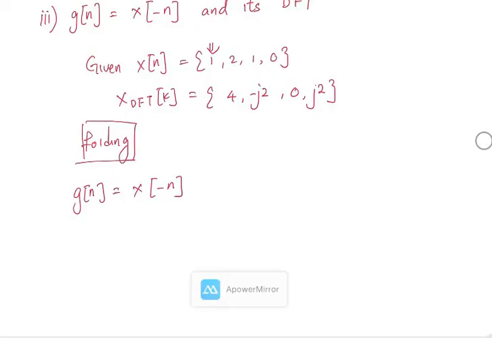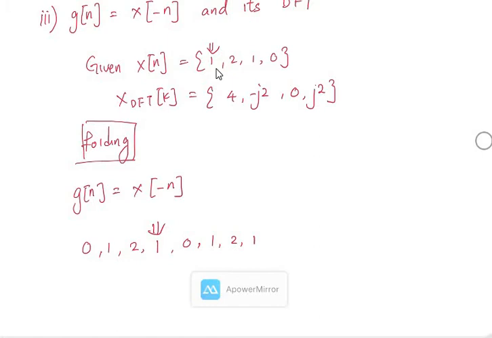So the folded signal of xn is 0, 1, 2, 1, and then the signal is repeated 0, 1, 2, 1. So where is my origin? If you refer to here, this one, this is the origin.